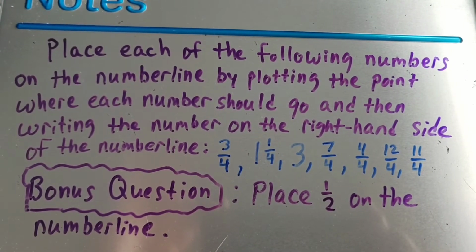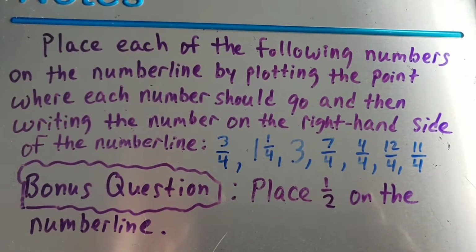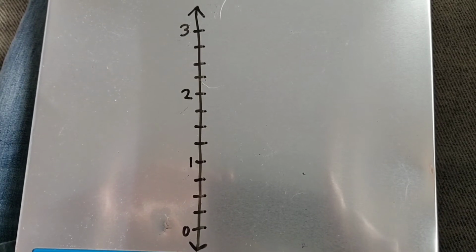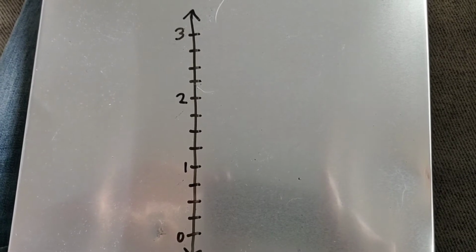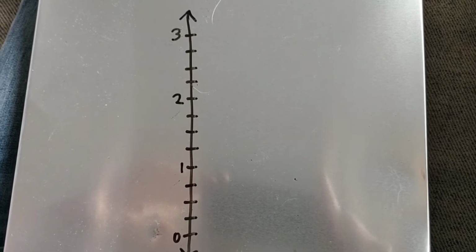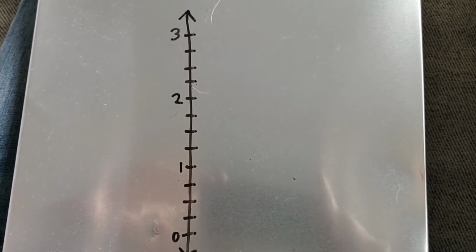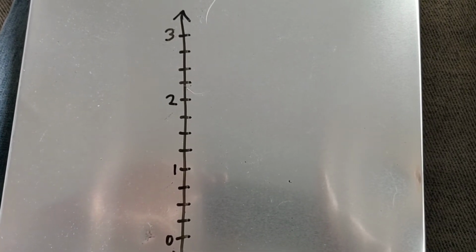So other than the information that we just read, let's look at what other information we're already given. The problem said to plot the points that go along with the numbers on a number line. And we're given a number line, and that number line I see is labeled on the left-hand side with whole numbers, with 0, 1, 2, and 3. And we've already learned with number lines that you can figure out how to label each part by looking at how many equal parts each whole is broken into.